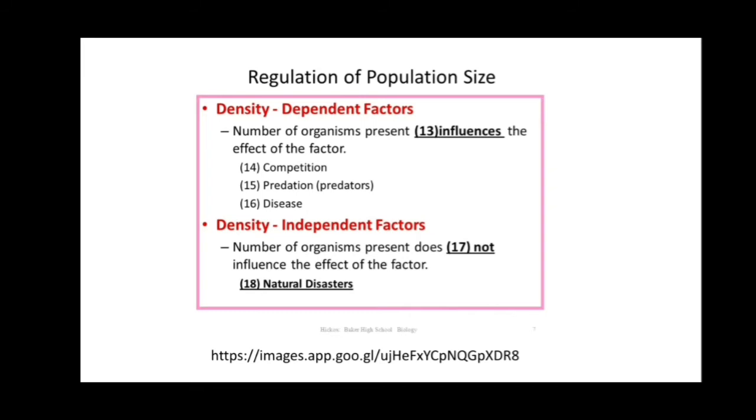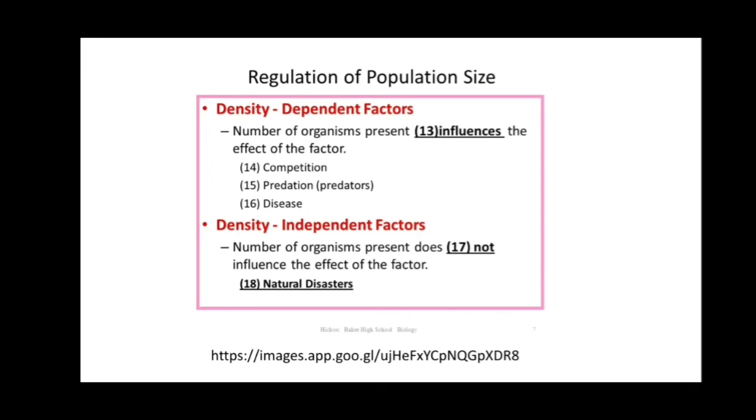For example, a huge population can deplete an area of natural resources and food supply.